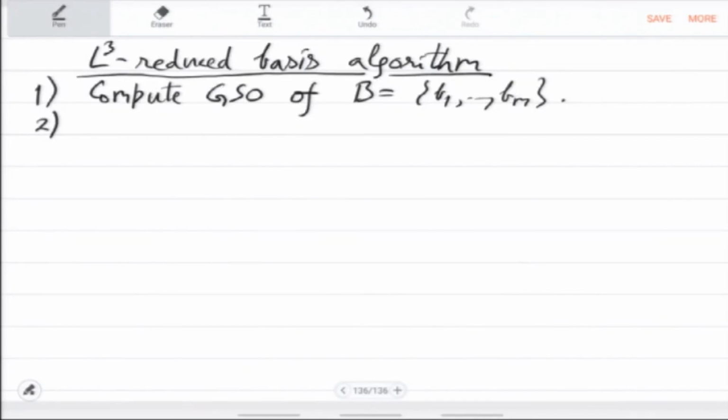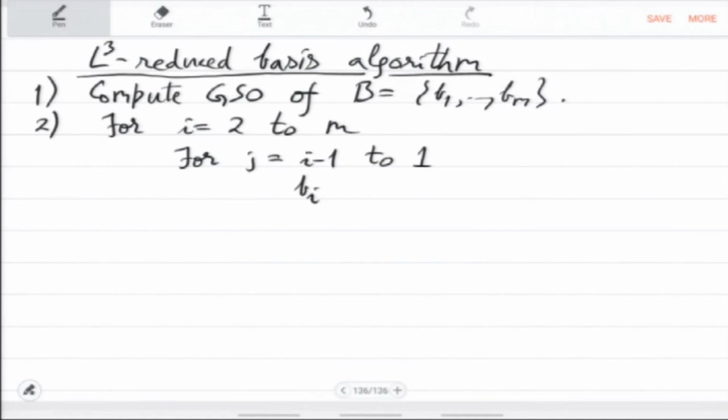This can be done efficiently. Next, let me first give the step, then I'll explain it.